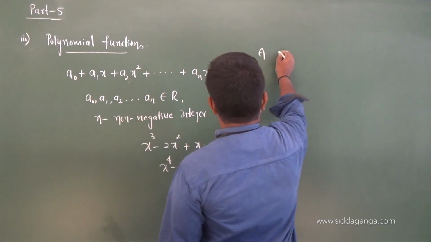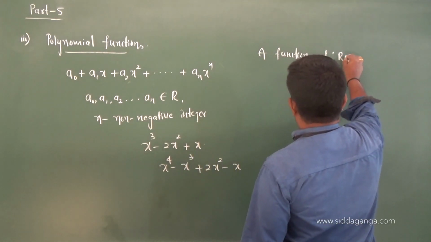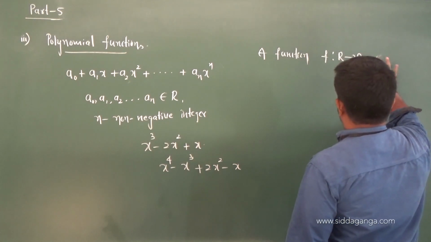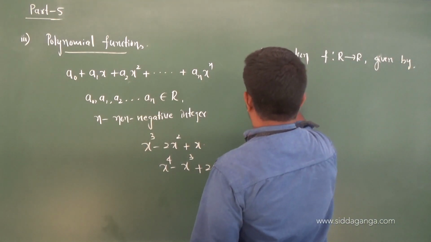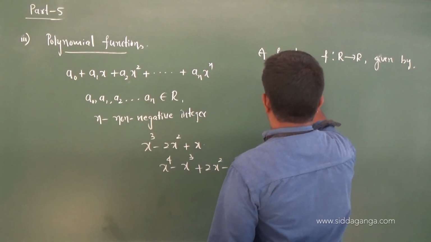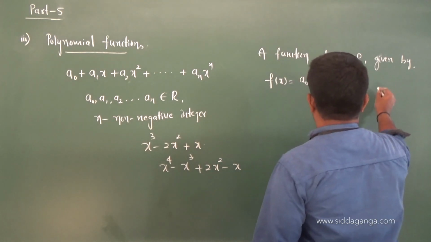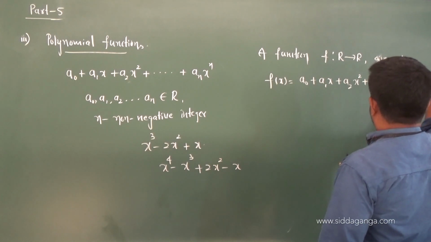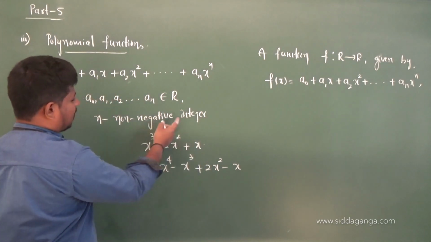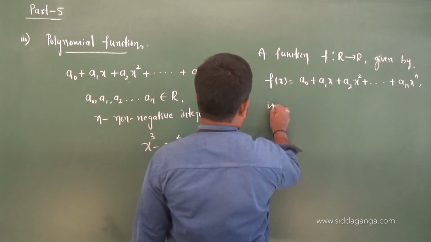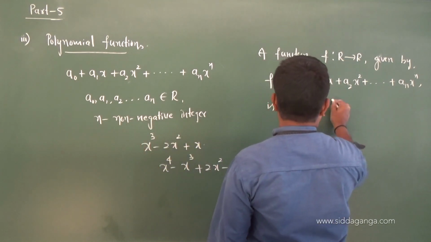A function f from R to R given by f of x is equal to, or y is equal to, a0 plus a1x plus a2x square and so on, an x power of n, where a0, a1, a2, a3 and so on, an are real numbers and n is a non-negative integer, is called a polynomial function.